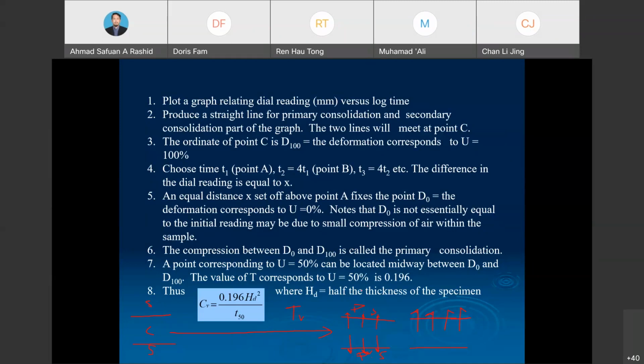In the other situation, let's say there is a bedrock. Ialah BD, bedrock. Alamak, sorry. Bedrock. And definitely the rock is a fresh rock and it is an impermeable layer, which is water cannot transmit inside this bedrock. So definitely it is a single drainage system.